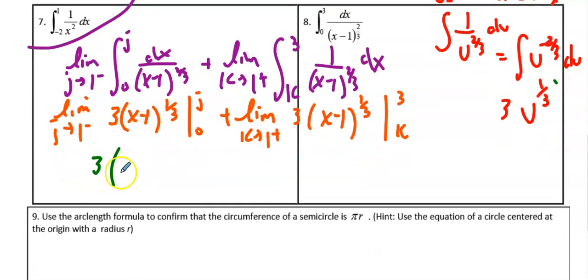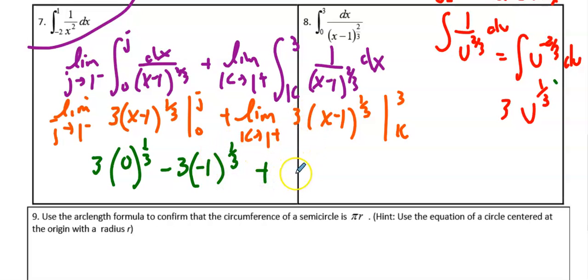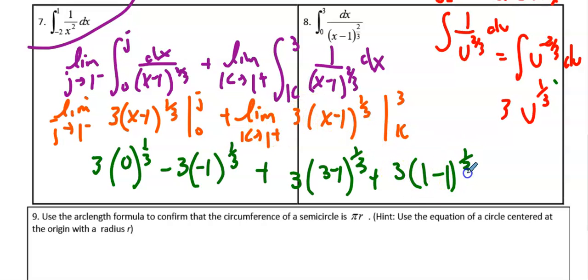I get 1 minus 1, which is 0 to the 1/3 power, minus 3 times 0 minus 1, which is a negative 1 to the 1/3 power, plus 3 times (3 minus 1) to the 1/3 power, plus k, and again I can plug in k as being 1, as 1 minus 1 to the 1/3 power.